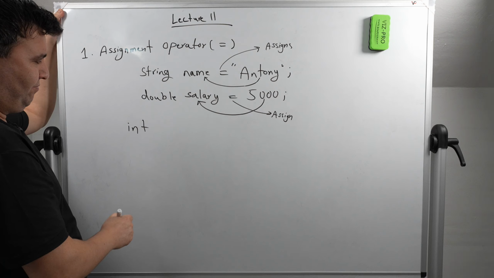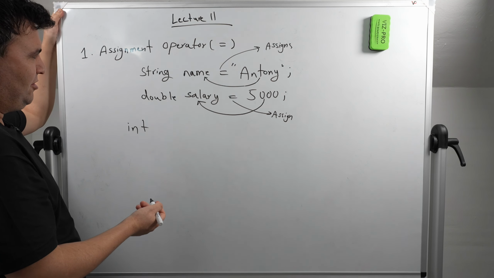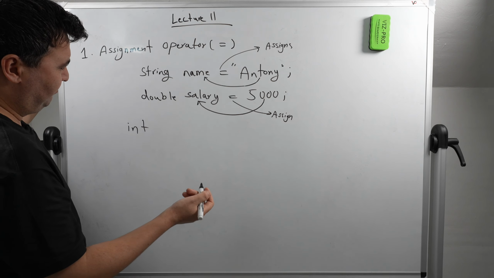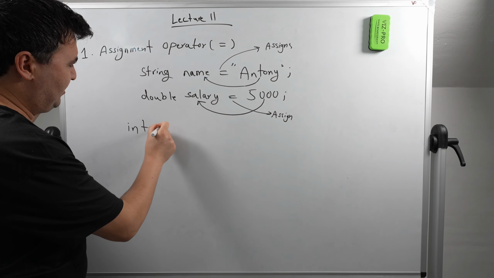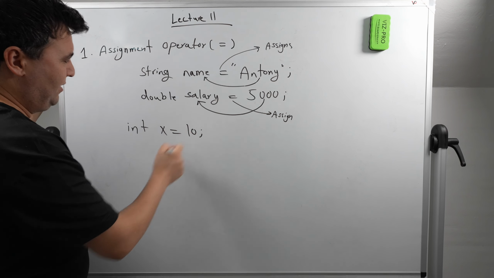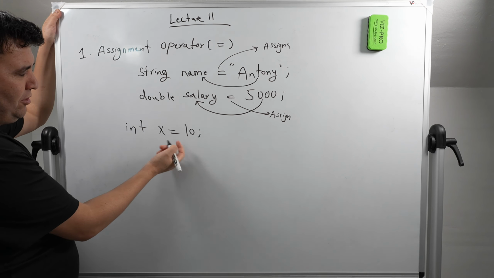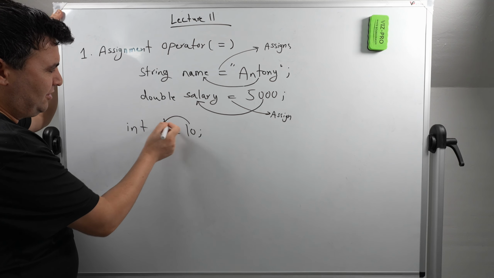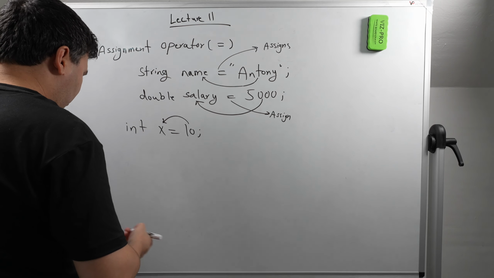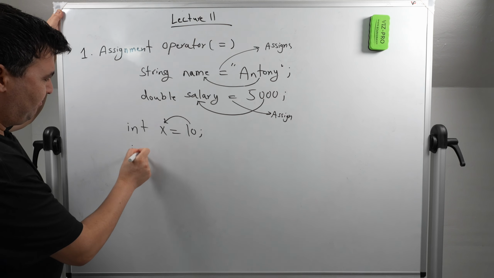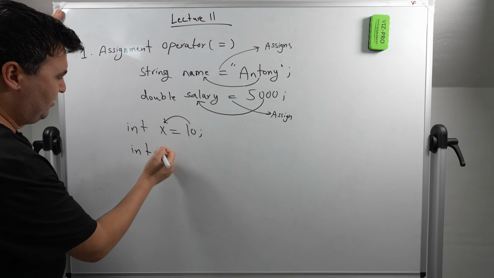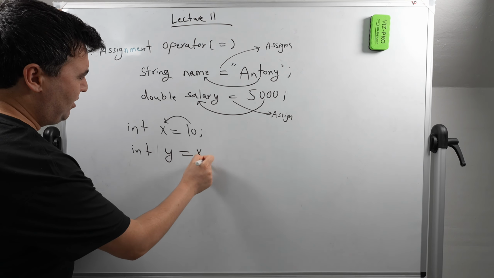Or we can also assign, if we have an integer, we can say integer x is equal to 10. So now we use the assignment operator to store the value of 10 inside x. Or we can say integer y is equal to x.